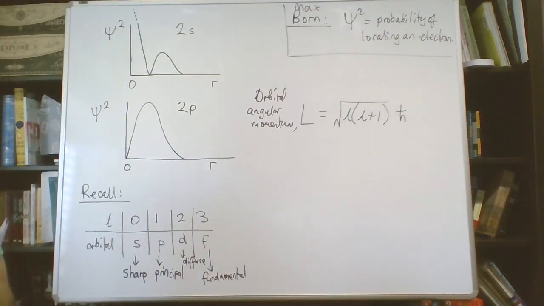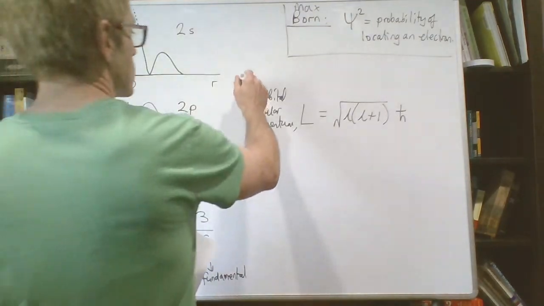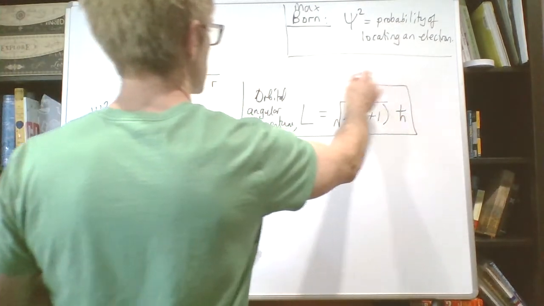H bar is just a tack on for units. Remember, h bar has units proportional to joules. So for s electrons, that's what we're going to use.